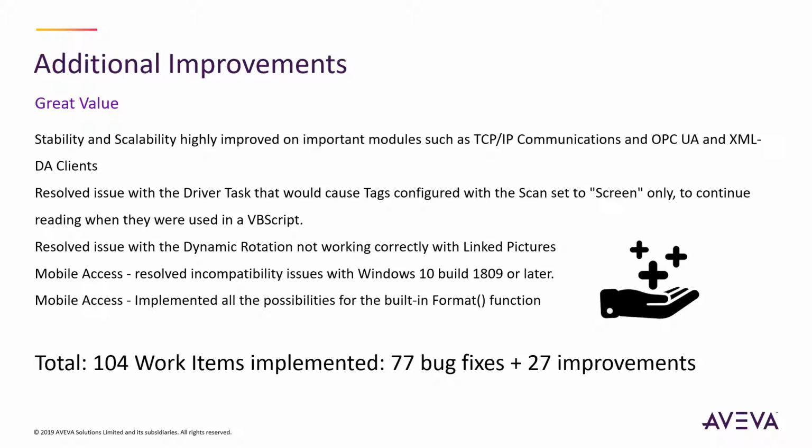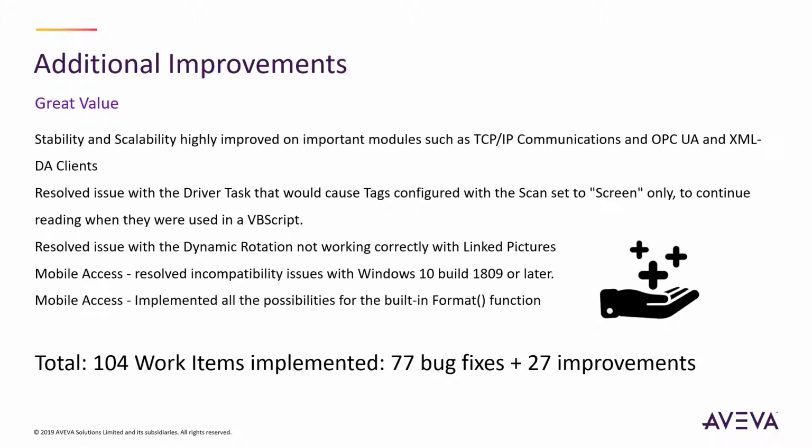Dynamic rotation. We had implemented the possibility of rotating linked pictures on the development side, and then that stopped working on the runtime when we implemented the dynamic rotation. That issue has been resolved, and a couple more improvements on mobile access. So when Windows 10 build 1809 came out, we had some systems where that wouldn't work.